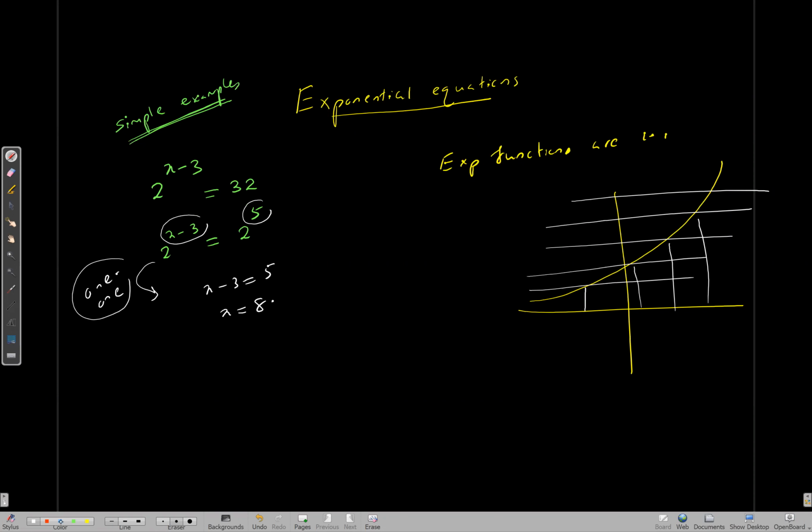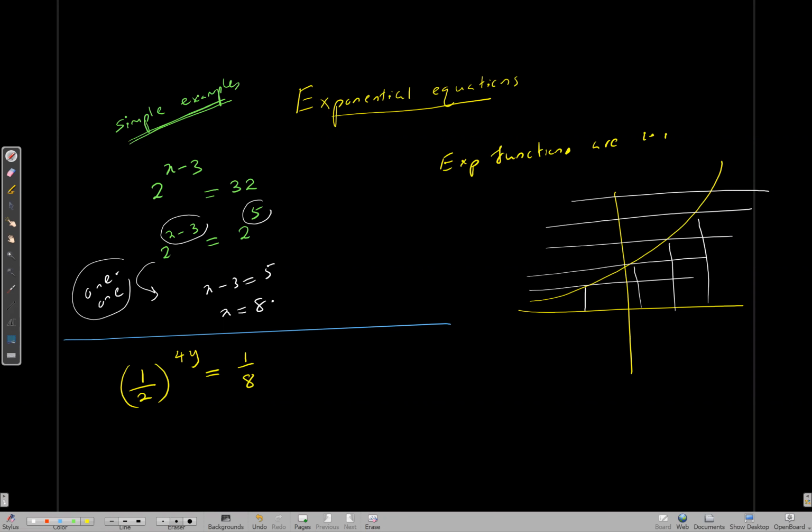Now let's see a slightly more complicated example, though it still belongs under the simple example category. How about this example: 1/2 raised to 4y equals 1/8.